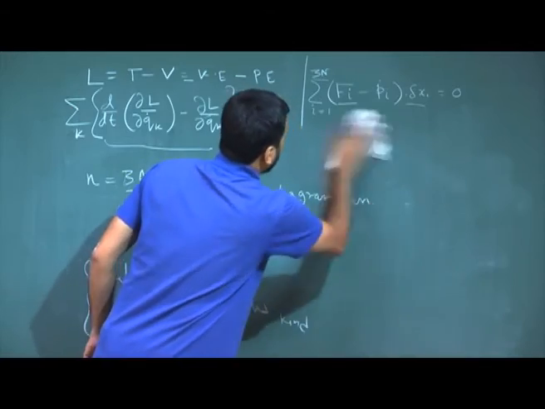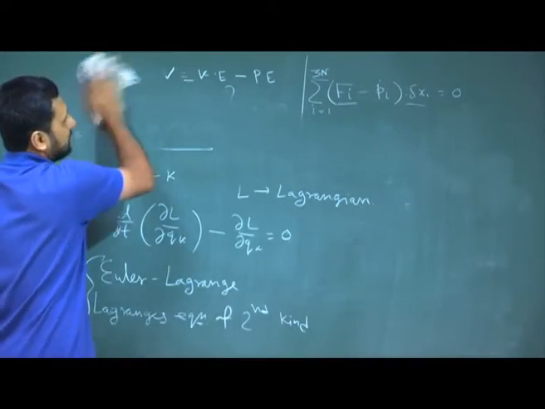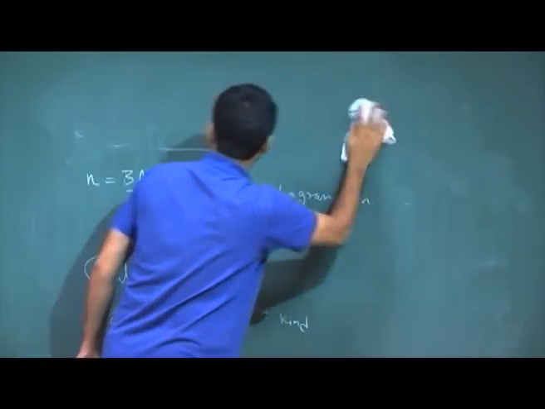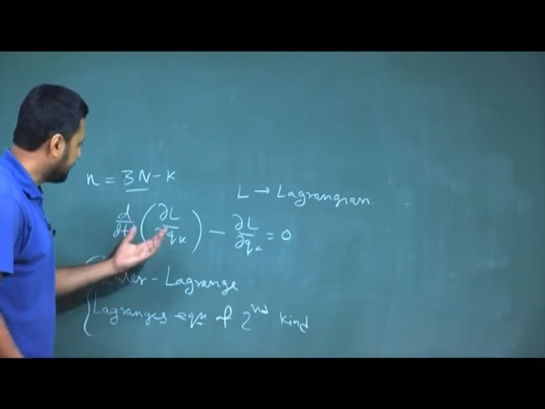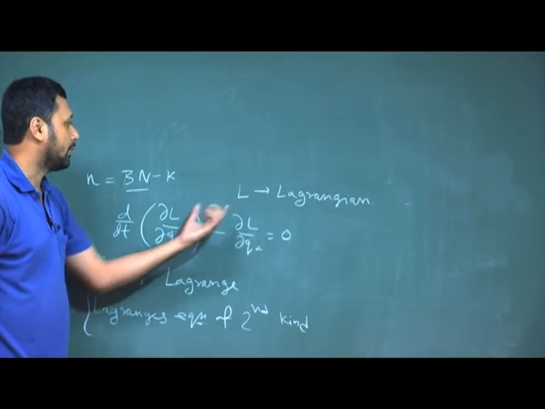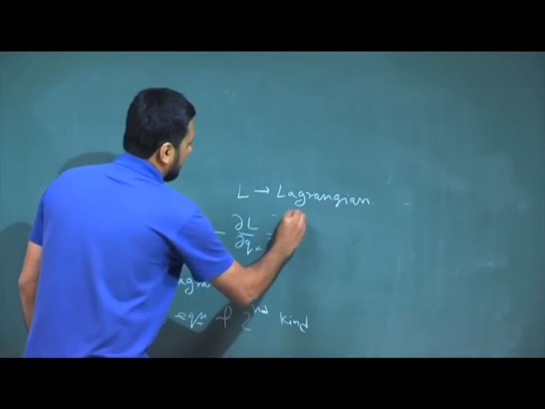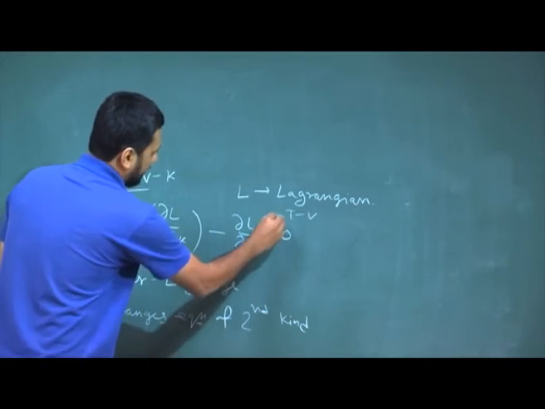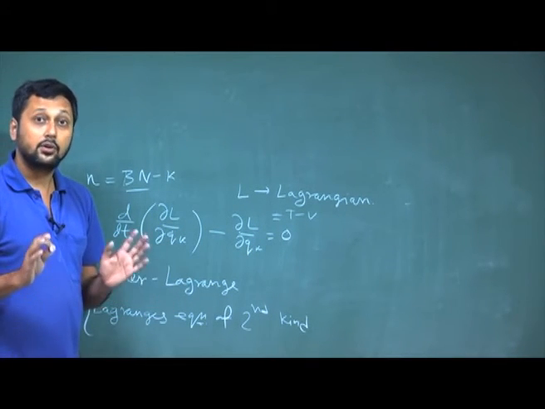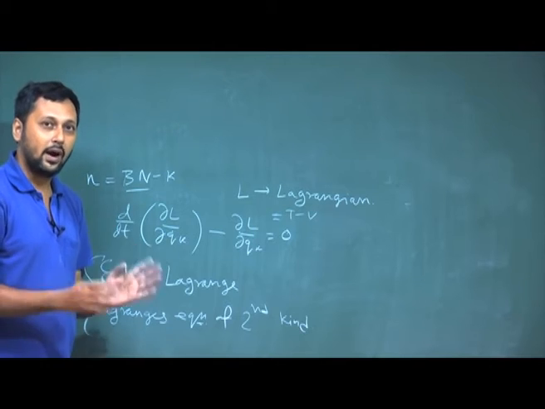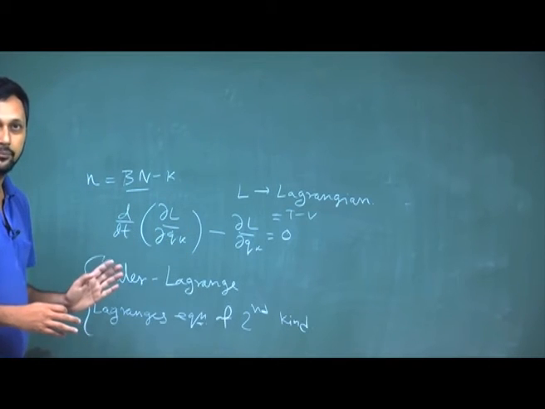Sorry if I have taken too long to come to the Lagrangian, but as a student, in the first class itself I could define a quantity, the Lagrangian, which is nothing but T minus V, get an equation of this form and start solving problems. That will not help in understanding why and how we have come this far.